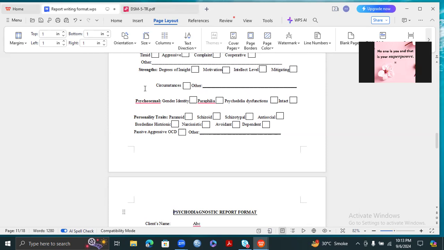Whether in case of personality traits it's paranoid, schizoid, schizotypal, antisocial, borderline, histrionic, narcissistic, avoidant, dependent, passive aggressive, or OCD, whatever it is, you have to mark it down in your record. Even if you find something apart from those, then you have to mention that as well, right.